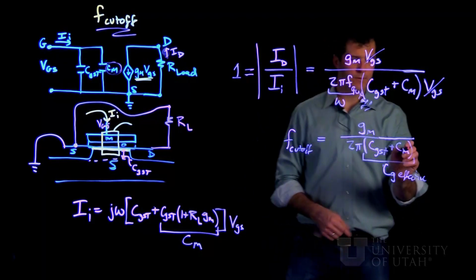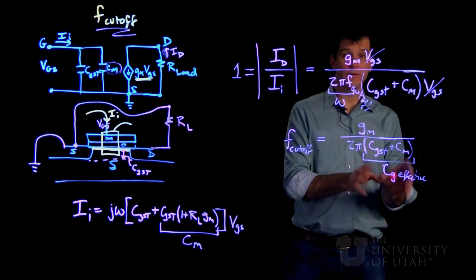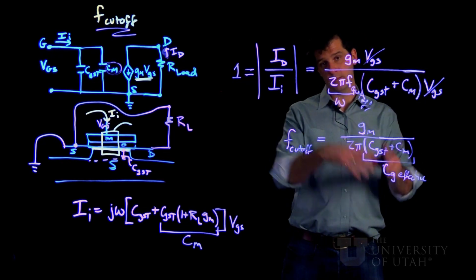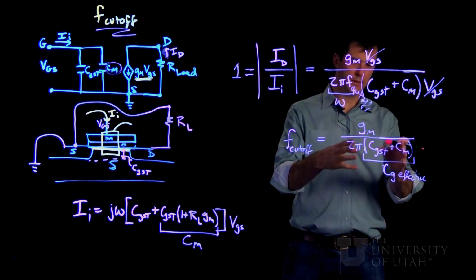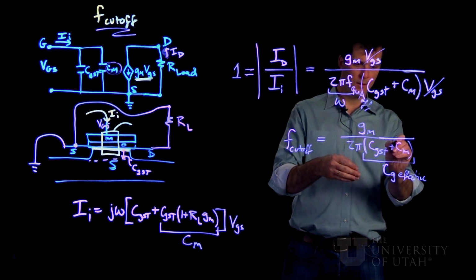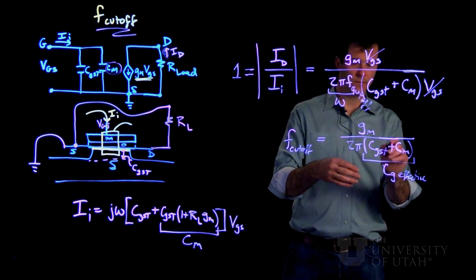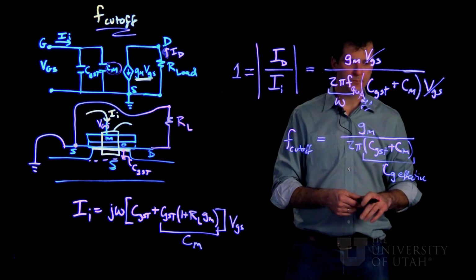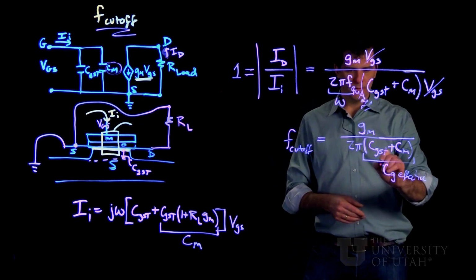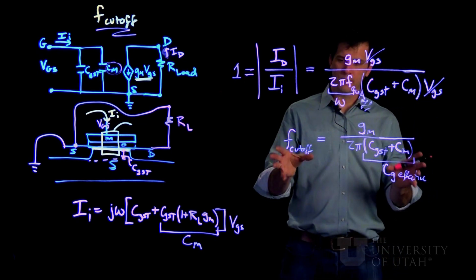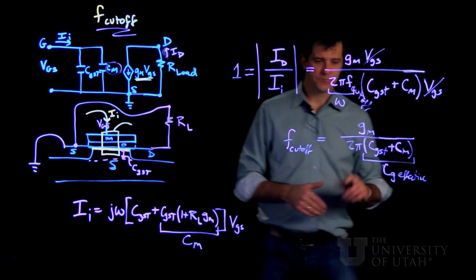We can further lump these two capacitances into an effective gate capacitance, which the outside world would be able to see, because they're added in parallel, we can't differentiate them from the outside. So we can lump these together and get an expression for the cutoff frequency.